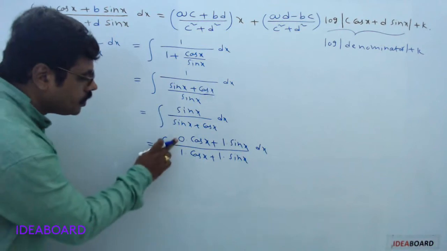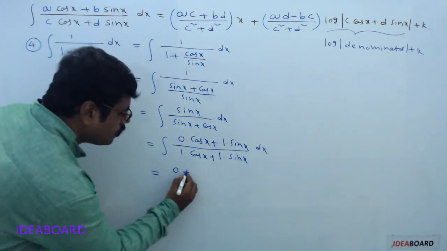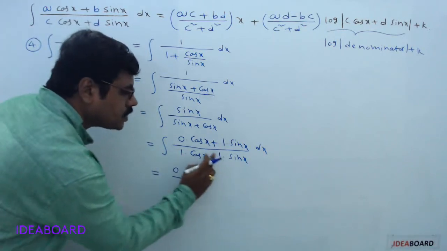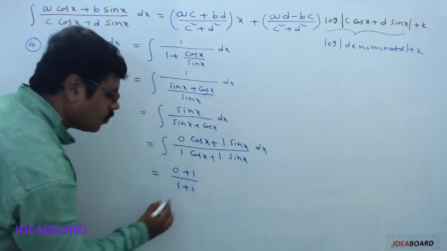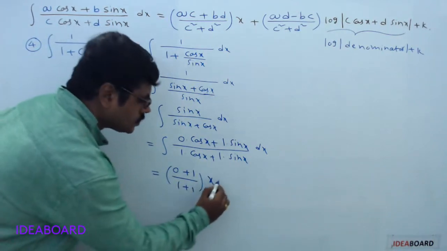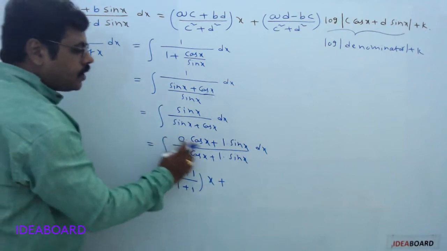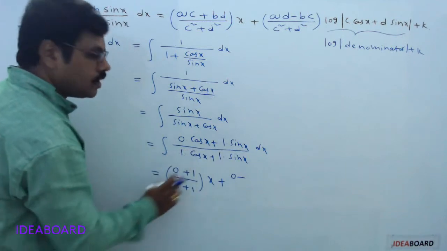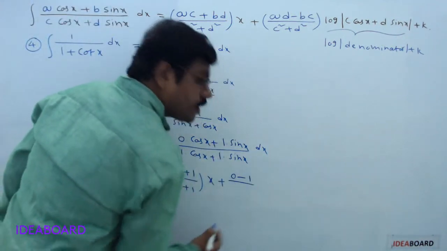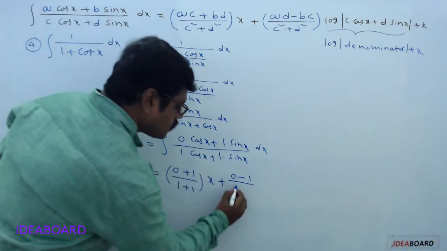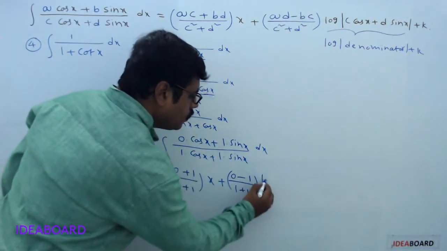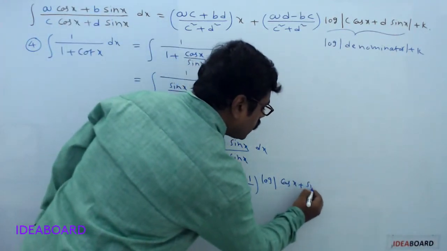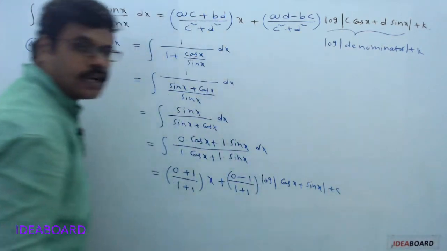Now this is equal to (a into c, 0, plus b into d, 1) divided by (c square plus d square), 1 square plus 1 square, into x, plus (a into d, 0 into 1, 0, minus b into c, this is 1 into 1) divided by (c square plus d square), 1 plus 1, into log mod denominator, that is log mod cos x plus sin x plus some constant term.